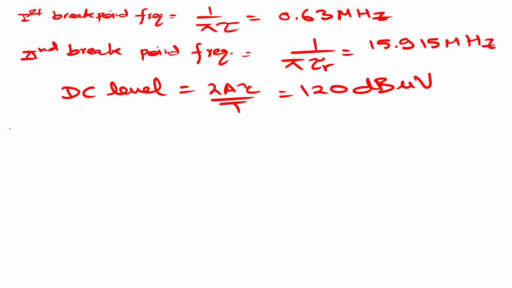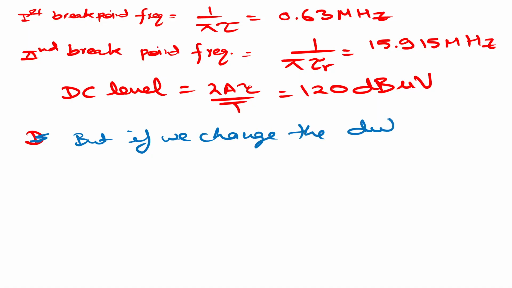But if we change the duty cycle from 50% to, let's say, 30%, then what will change?